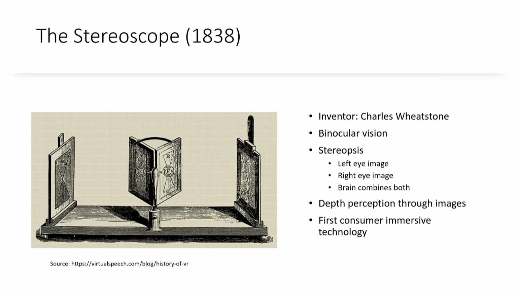stereoscope first. It was developed in 1838. The inventor was Charles Wheatstone. So, this stereoscope essentially illustrated how binocular vision works, that is the use of two eyes to perceive objects in the real world. Your left eye gets an image of the real world, your right eye gets an image of the real world as well, and then the brain combines them both.